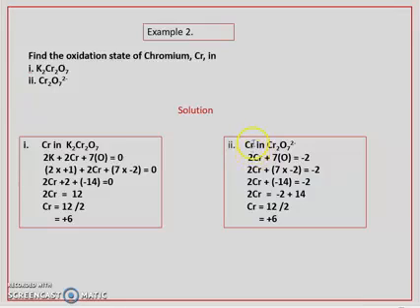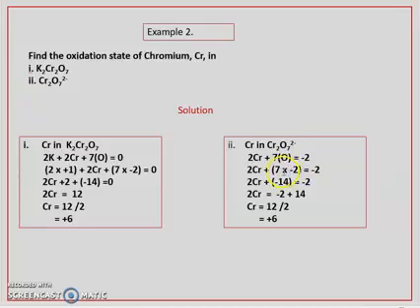The second one says the oxidation state of chromium in this ion. So just like before, the total of these will give you minus 2. So we have 2 chromium right here and 7 oxygen will give you equals minus 2. So we have 2 chromium. Chromium is the one we are looking for. And we already know that the oxidation state of oxygen is minus 2. It's always fixed.